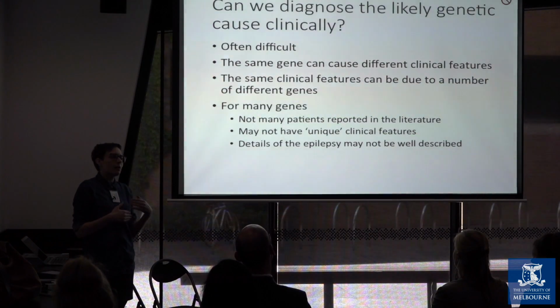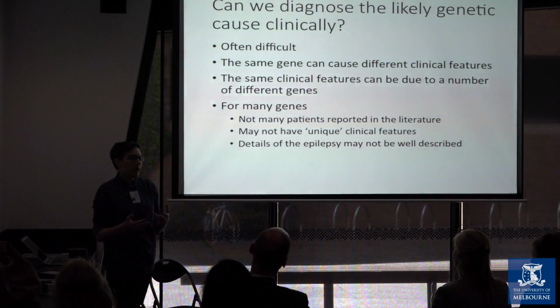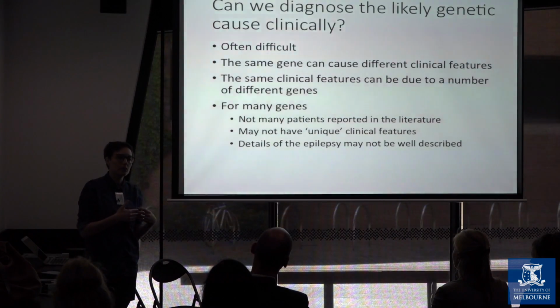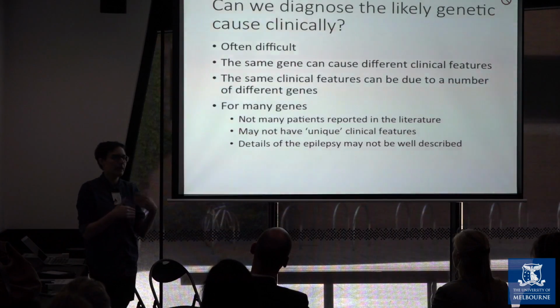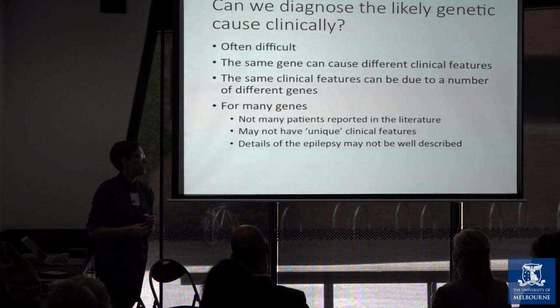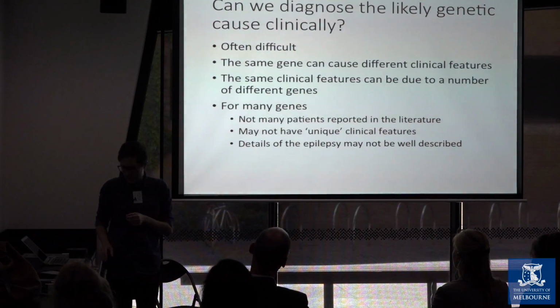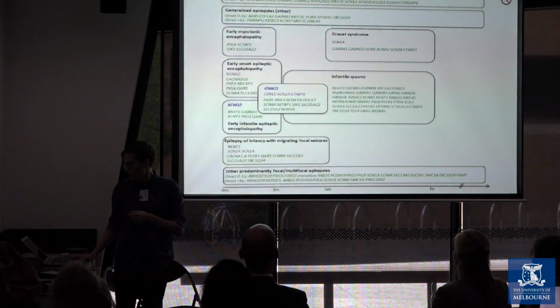And we probably now can better predict which genes are more likely based on both knowing what the genes are but also knowing what the clinical picture is. And that really has some implications for treatment, sometimes even predating making a genetic diagnosis.